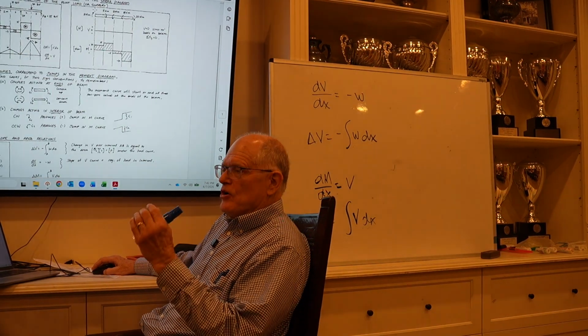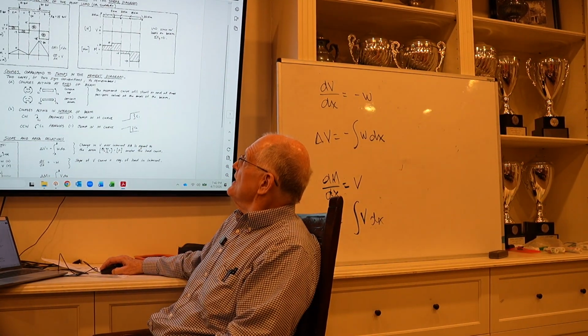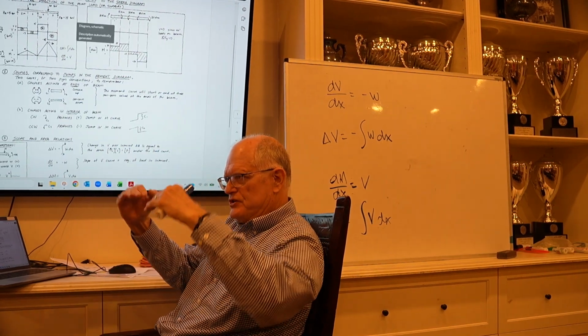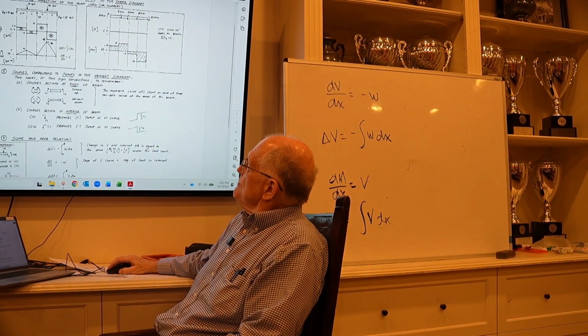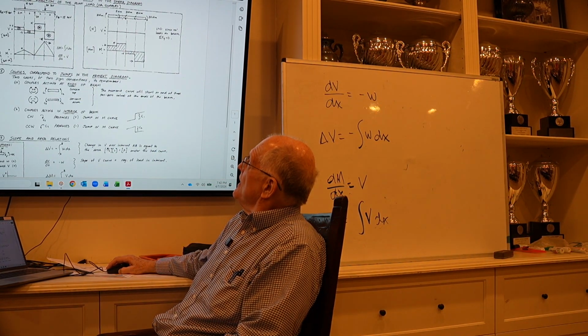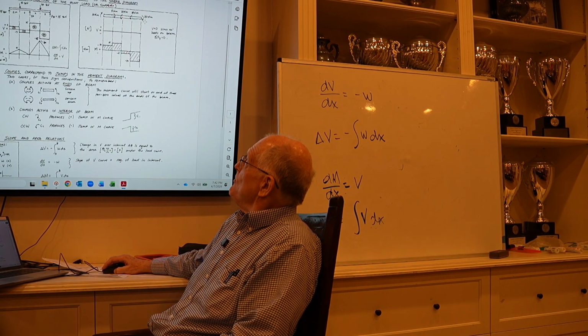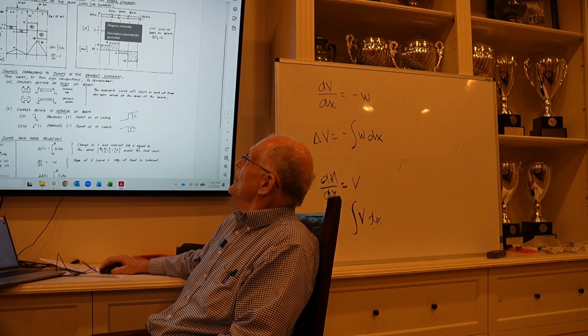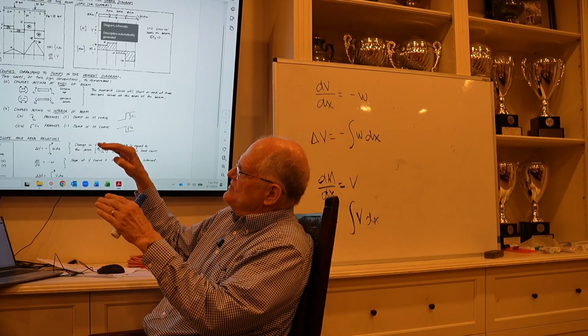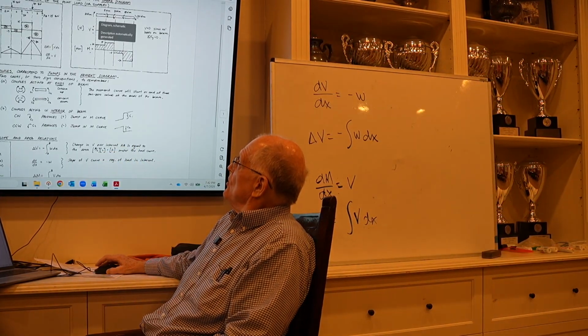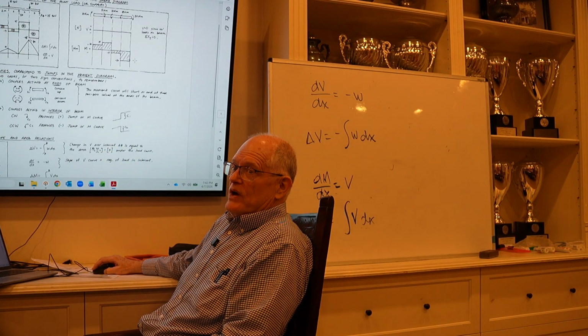Remember, a positive couple produces upward curvature in this segment. So upward curvature is positive, and that's a positive 10 at this end. But at the far end, at this support, I've got a 20 Newton meter couple downward at the end. And that downward couple produces downward curvature. And so this guy ends at a minus 20.